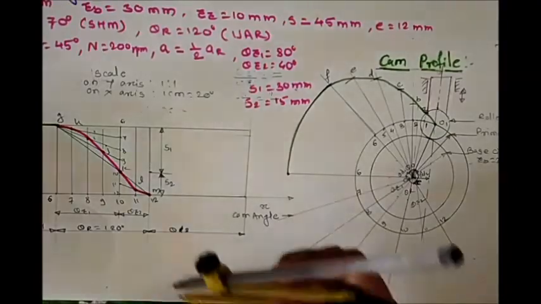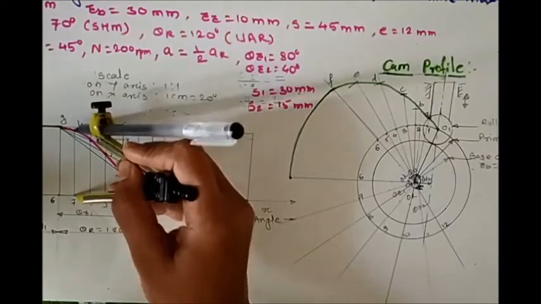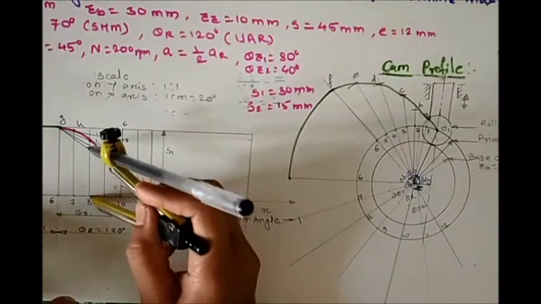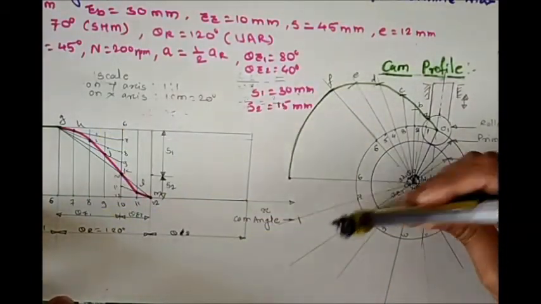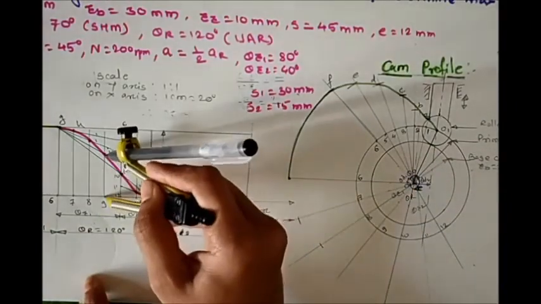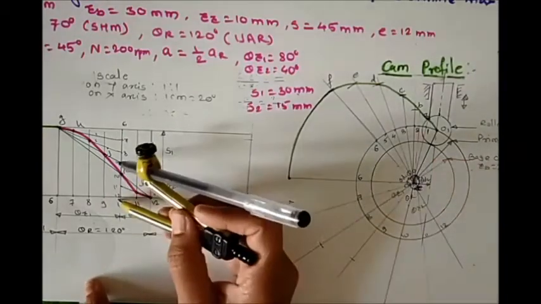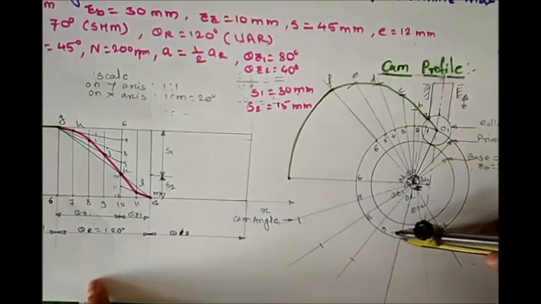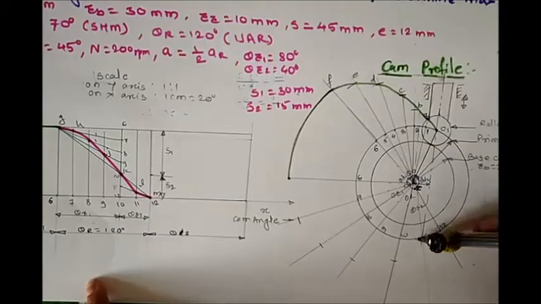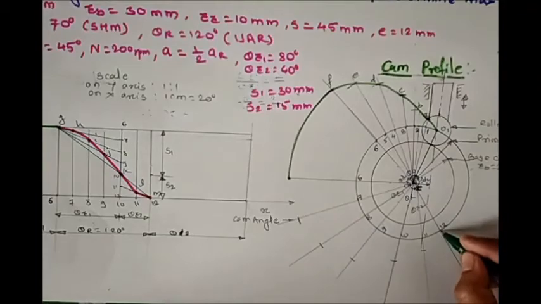Now take the distance equal to 6 to G that we already took, 7 to H, and on line 7 mark point H. Similarly 8 to I, so from the prime circle take a distance equal to 8 to I, then 9 to J, then 10 to K, 11 to L, okay, and last is 12. 12 is at the same line.